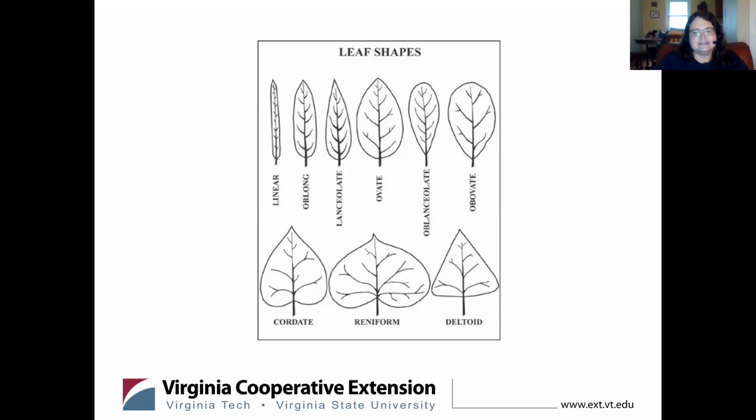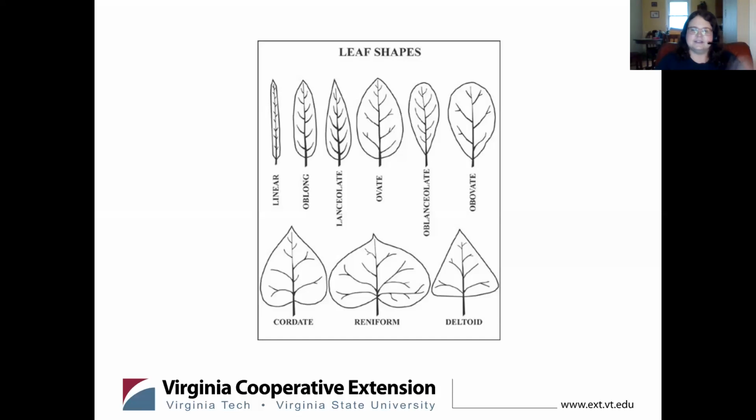So these are the names that you might see in an identification book or something like that, or even Virginia's Native Tree Manual, which you can get through the Virginia Department of Forestry. You can get it online also. So you can visit the Virginia Department of Forestry website and find their native tree manual. And they'll use these terms when you're using the key at the beginning to try to identify your tree.